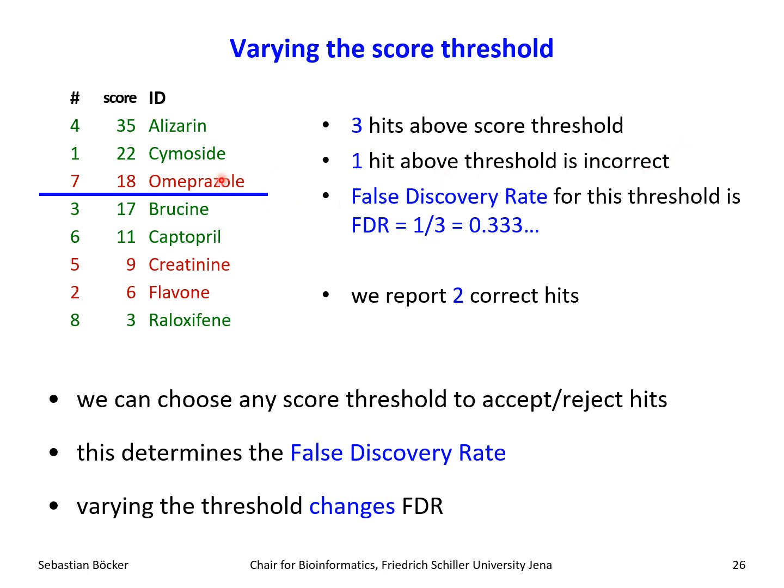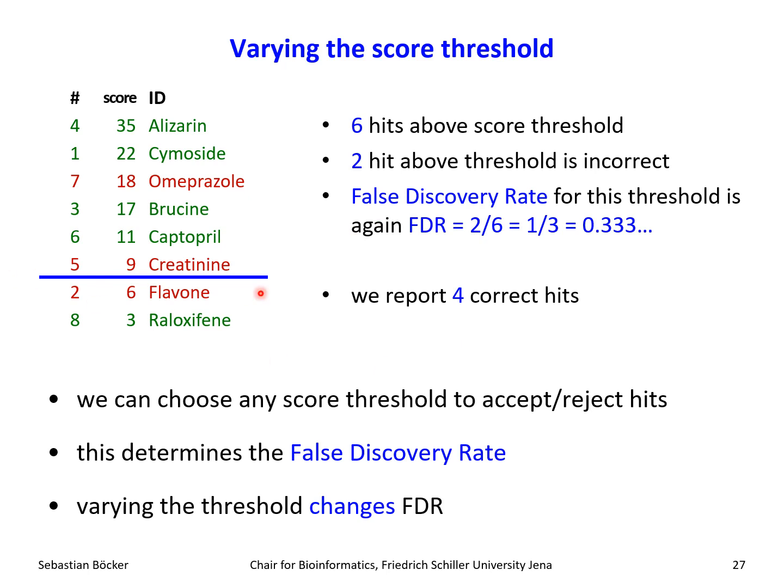In our case, that's 1. And then the false discovery rate is simply the number of incorrect hits above the score threshold divided by the number of hits above the score threshold, which is 1 over 3, 0.3333. And for this score threshold, we would report 2 correct hits. We keep that in mind and look at a different score threshold.